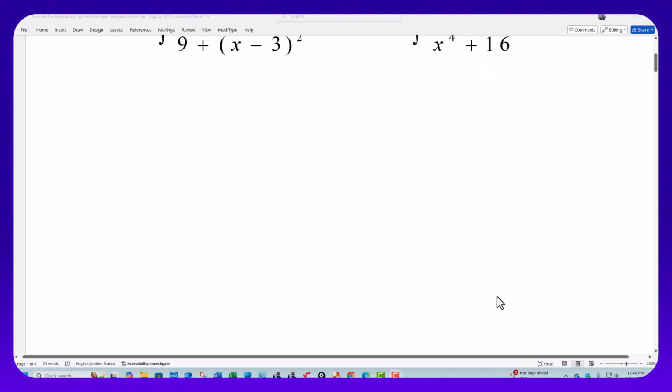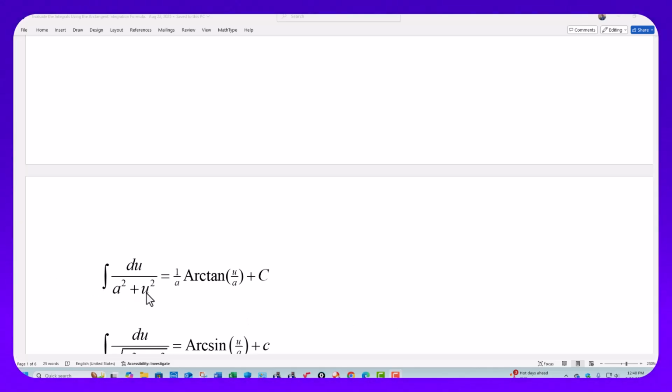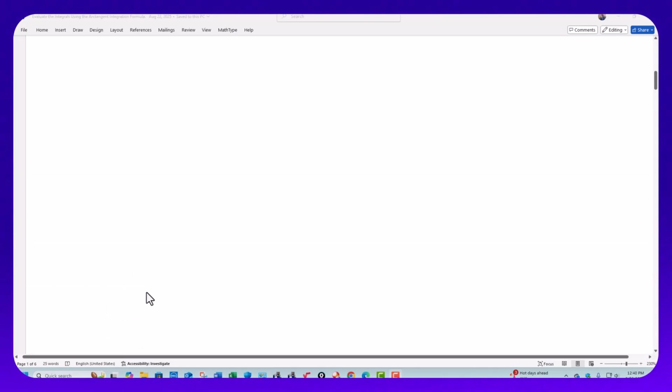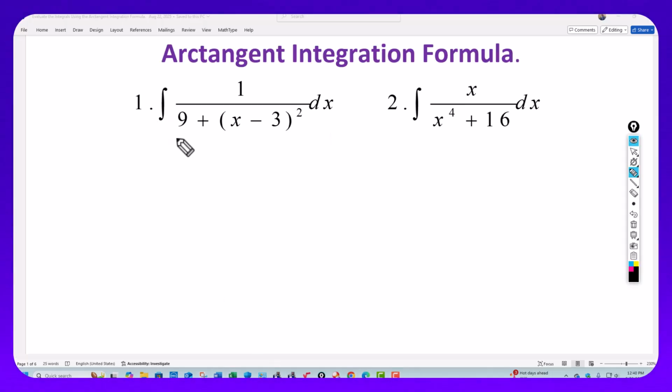So for the first one, you can see it's in that form for the most part. Got du over a squared plus u squared. So you can write this as 3 squared, and the x minus 3, you can say that's your u, and then it's squared.